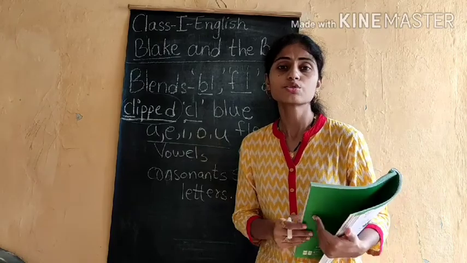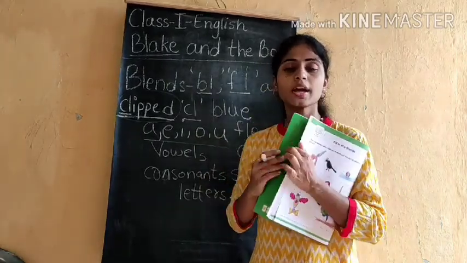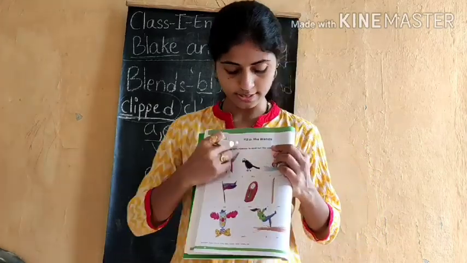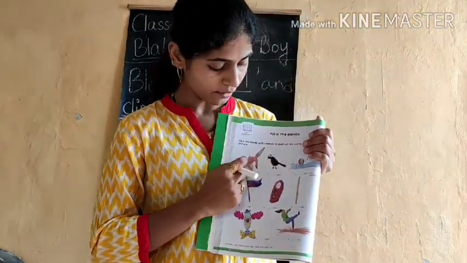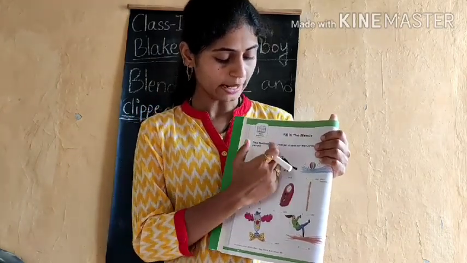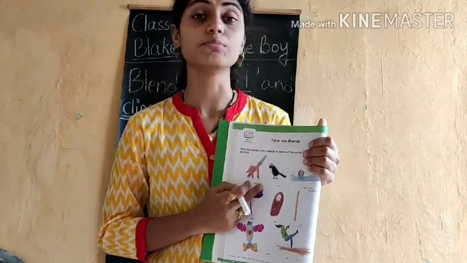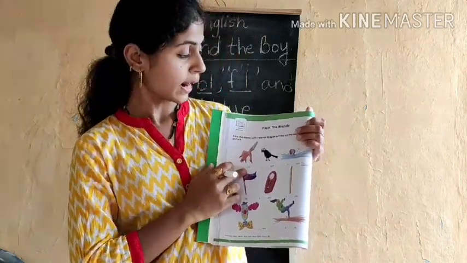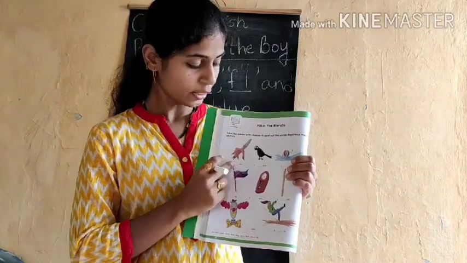Okay children, so also there is a worksheet over here. Okay, you can turn the page and you can see over here, fill in the blends. Okay, so here they have given pictures also, like you can see there are nails and all, and it is a bird. Okay, then you can see CLAW, claw. You are going to add the blends CL, FL and BL, like claw.